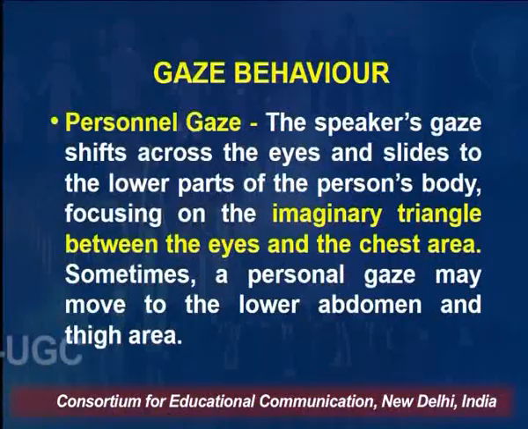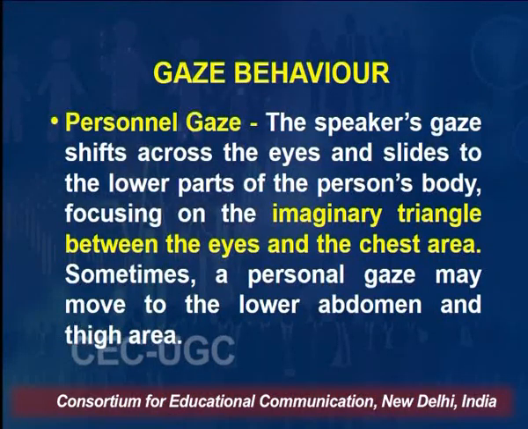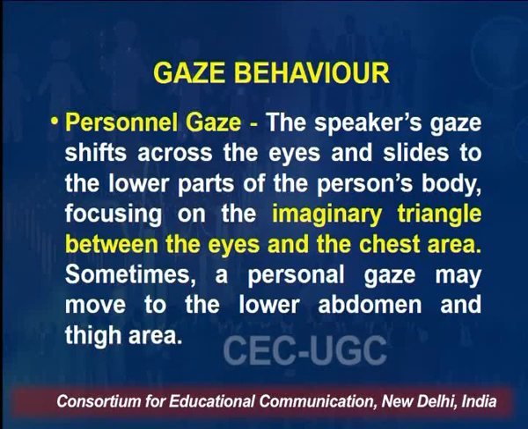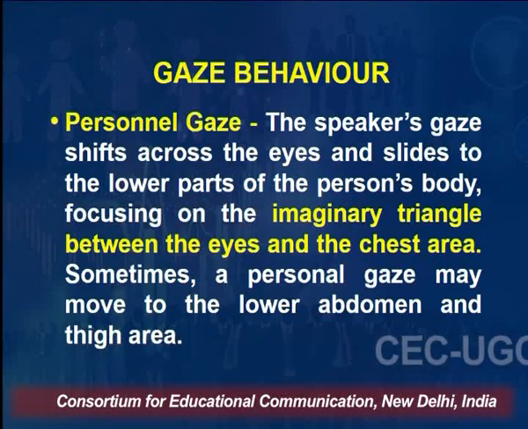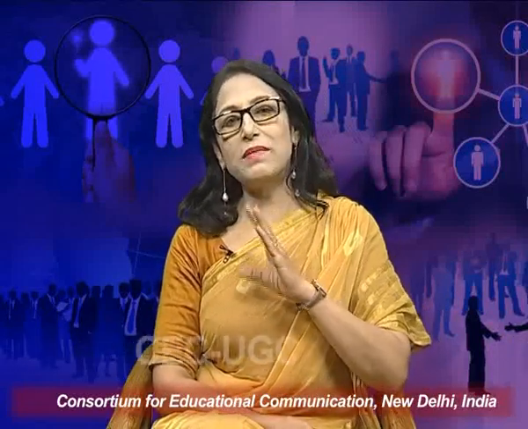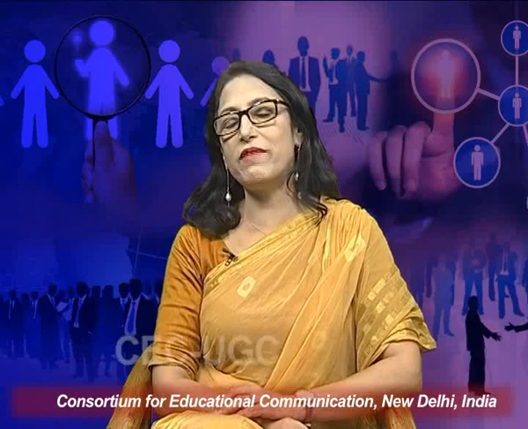Personal gaze: a person can look at the chest area, the abdominal area or the thigh area. Here the speaker may keep shifting eyes from your upper area to the middle area to the lower area. That is very personal.